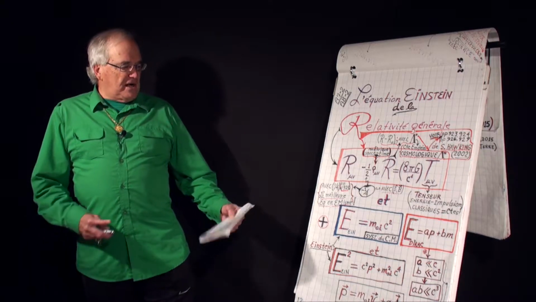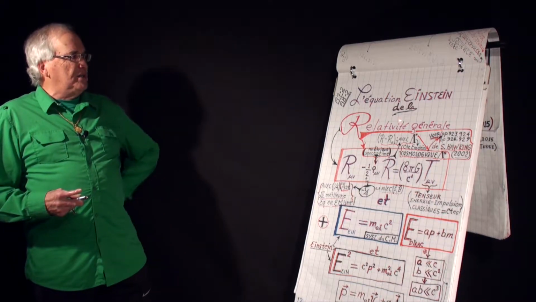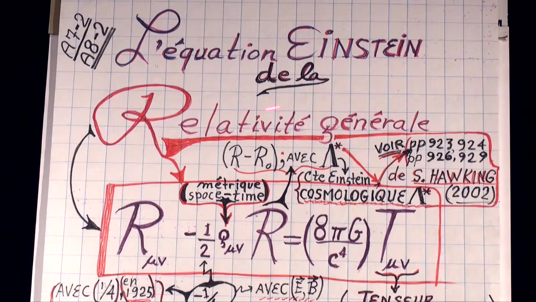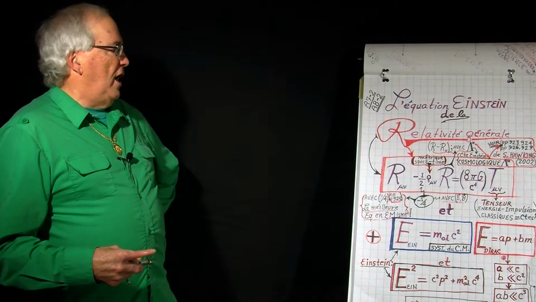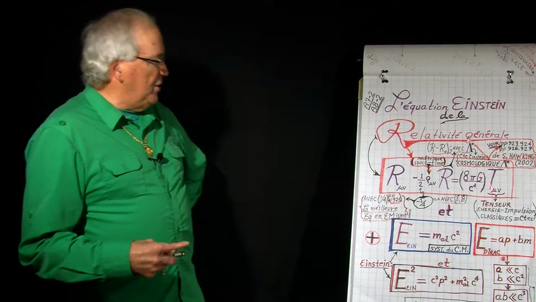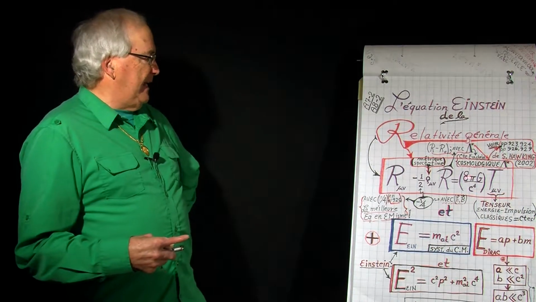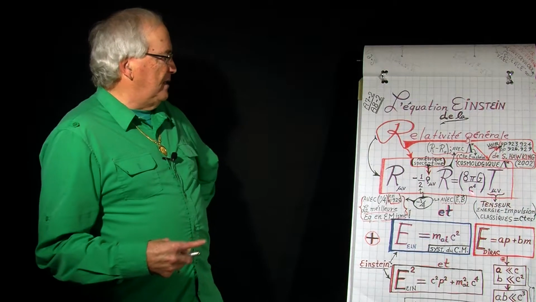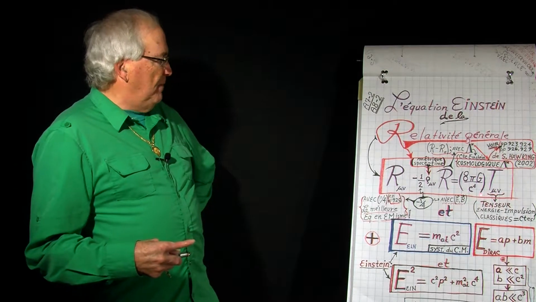So let me just start with this general equation of relativity. Title is in French, but the equation of Einstein, it's almost the same. In general relativity, you have what is called the energy tensor, which is a function of the mass and energy in the universe that is actually present and doesn't change much.